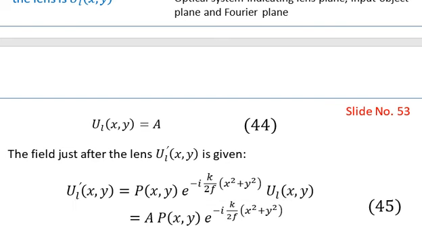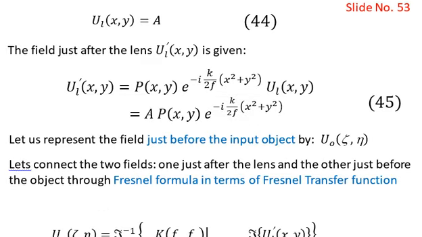The field just after the lens, which we denote by u_l prime as a function of x, y, is given by the pupil function p of x, y multiplied by the phase transmittance of the lens, which is e to the power minus iota k over 2f multiplied by x square plus y square, and multiplied by u_l of x, y. u_l is the input field which passes through the lens and is affected by the phase transmittance and also by the dimensions of the pupil function of the lens.